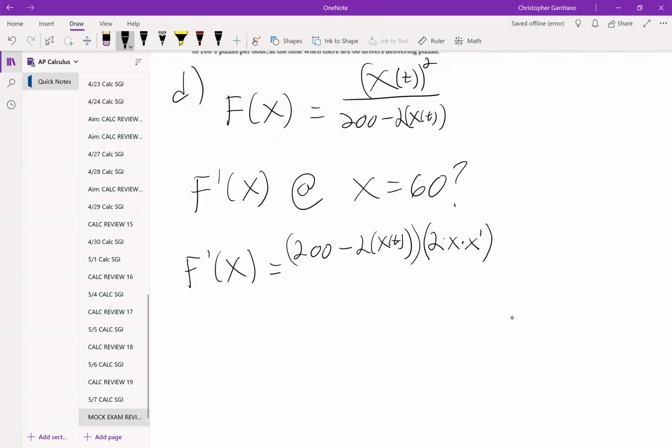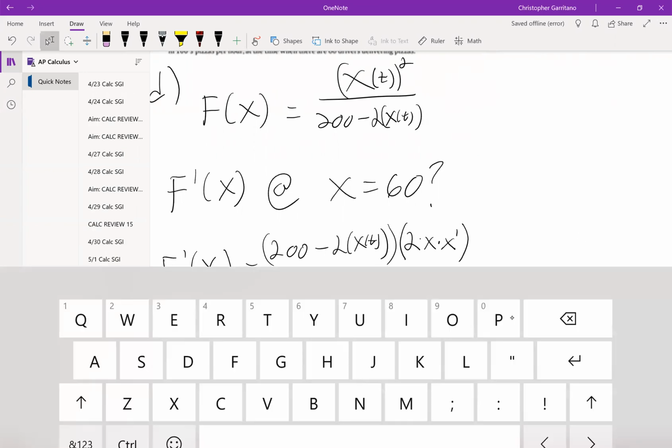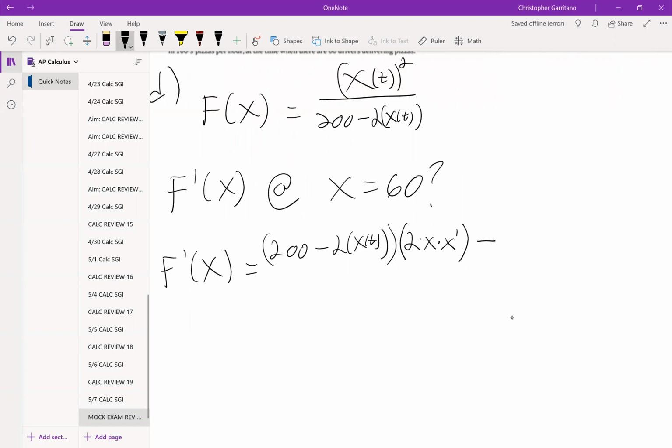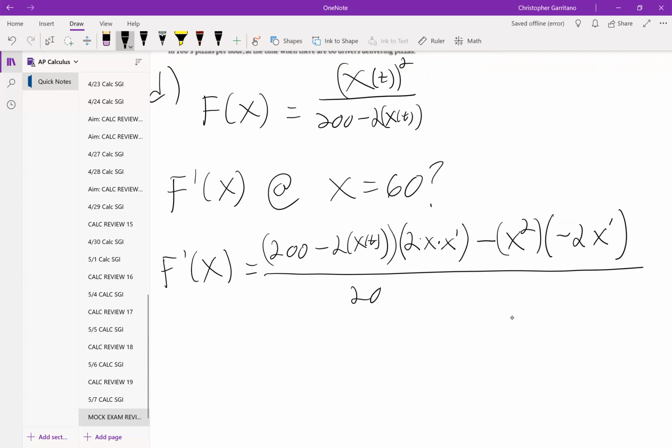So I do bottom times the derivative of the top, minus the top function times the derivative of the bottom. The derivative of 200 with respect to time is 0. The derivative of negative 2x with respect to time is negative 2x prime. And then we do all over the bottom squared.